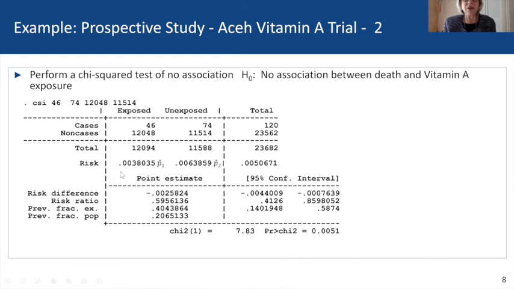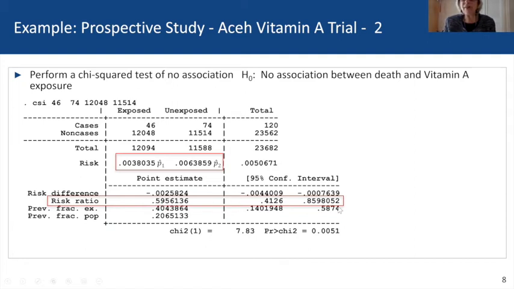So we see here the risk in each group is what we had obtained by hand on the previous slide. So we've annotated here that P1 hat is 0.0038, P2 hat is 0.0064. So this is the risk in the vitamin A, this is the risk in the placebo. And then we can look down and actually see that we have the risk ratio as 0.596, or approximately 0.6, what we had calculated by hand.